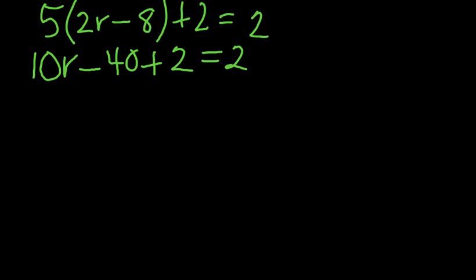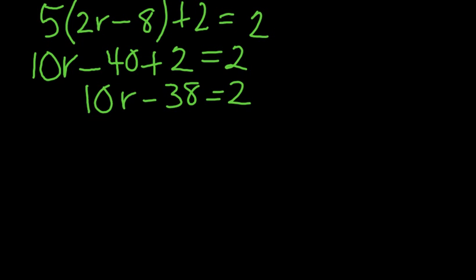Now, is it all the way simple, or can it be still simpler? On this side, is anything else there that can go together? Yes, the negative 40 and the plus 2 can go together. And that makes negative 38. So now we have 10r minus 38 equals 2.